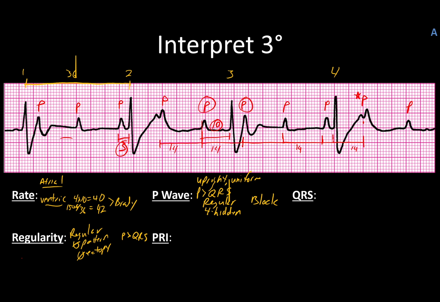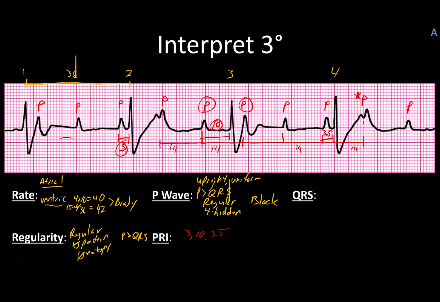From here to here, on beat number 4, that's 3.5. So I've got 3, 10, and 3.5. There was no reset because we've had multiple beats drop.